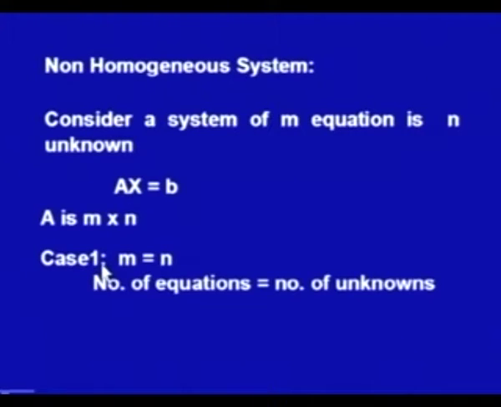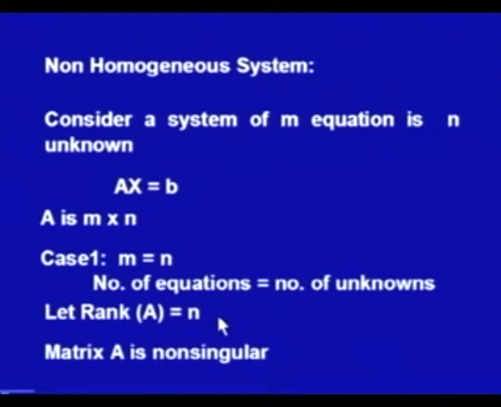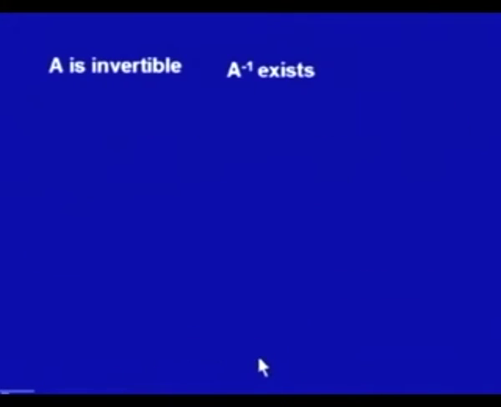Case 1 is when m = n, that is the number of equations is equal to number of unknowns. In that case, the matrix A is a square matrix. So, let us consider a situation when rank of A is equal to n. If rank of A is equal to n, that means matrix A is non-singular, and if the matrix A is non-singular, then the matrix is invertible.